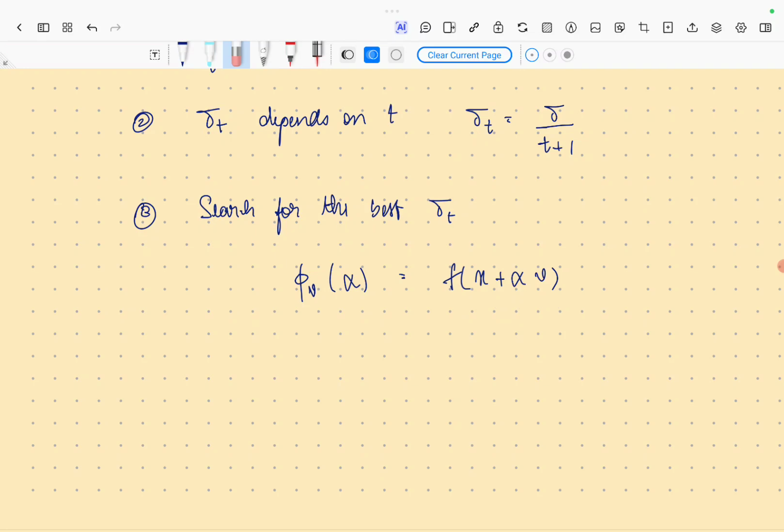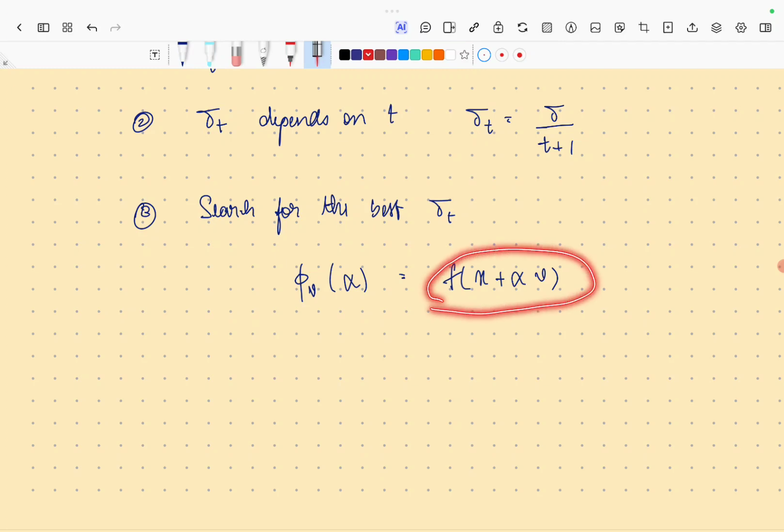N. I have to access the n-dimensional first order or zeroth order oracle, because ultimately this is what I compute. At every step, I have to compute this function. It is a one-dimensional optimization problem, agreed, but at every step I have to compute this function over n dimensions.